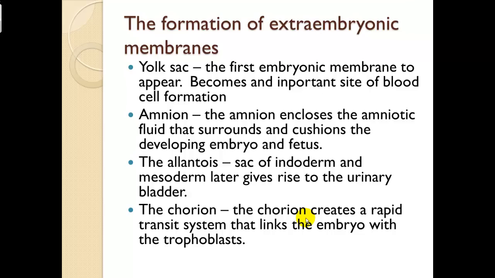This is going to be the amniotic sac. The allantois, sac of the endoderm and mesoderm, later gives rise to the urinary bladder, and this is the developing fetus. The chorion. The chorion creates a rapid transit system that links the embryo with the trophoblast, and this is where chorionic villi, and these are little villi.